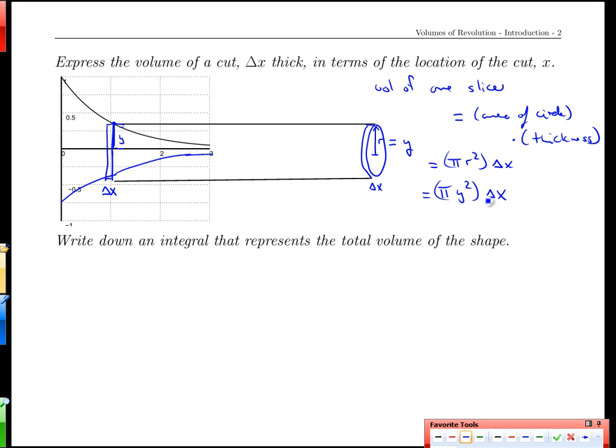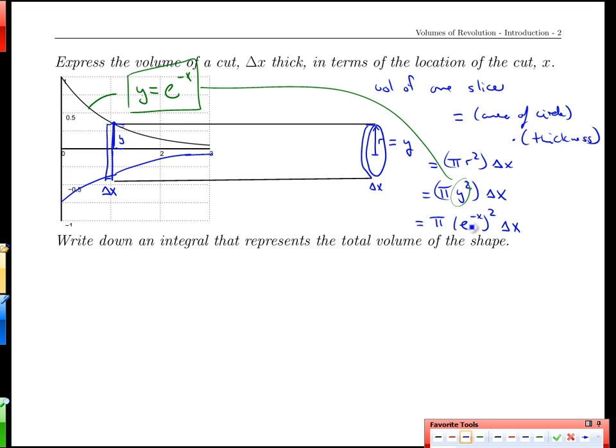Our last challenge is to recognize that y doesn't tell us very much if we're doing all these slices depending on the x coordinate. So how do we tie this y coordinate back to x? We remember that this curve is defined by the exponential decay, y equals e to the negative x. So we replace the y with e to the negative x, and the whole thing is squared.